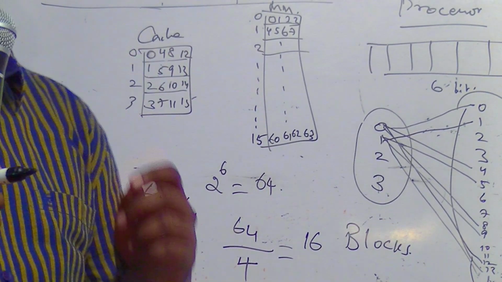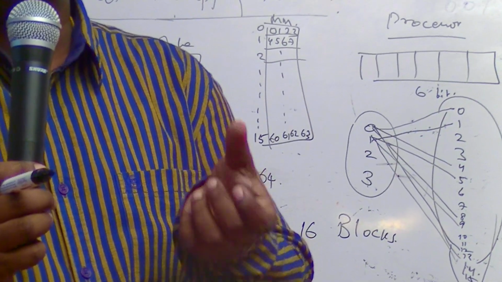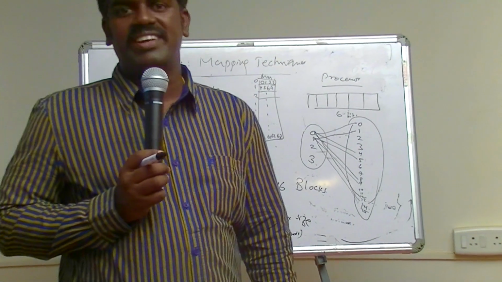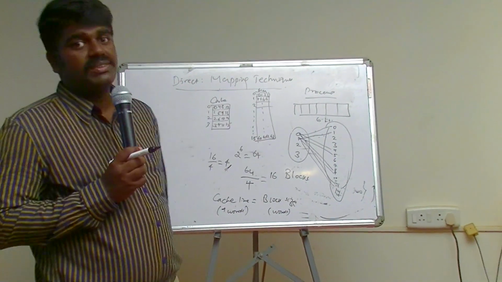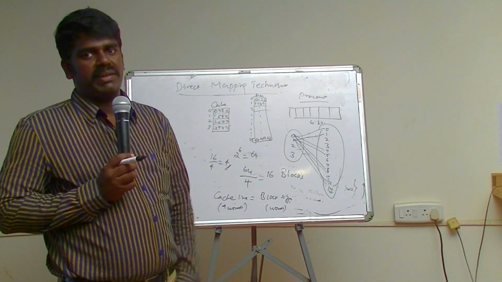So this is a drawback we will face. Because of not having adequate space, we can't store the word in the cache. That is the main drawback we are facing in direct mapping, and how to resolve it.